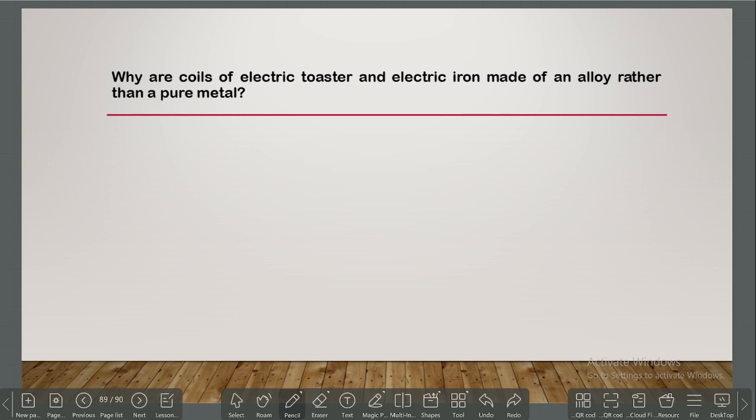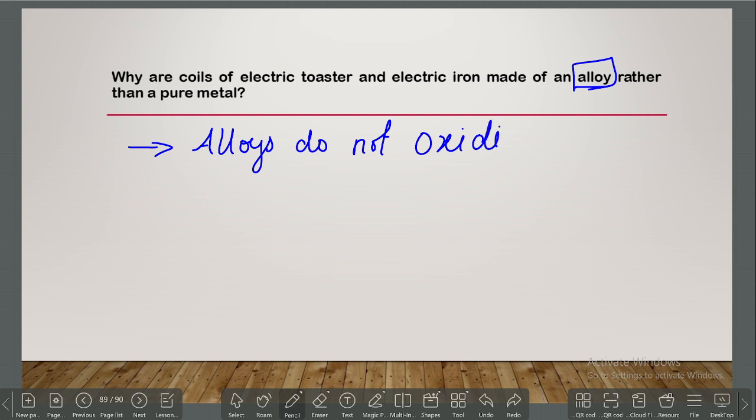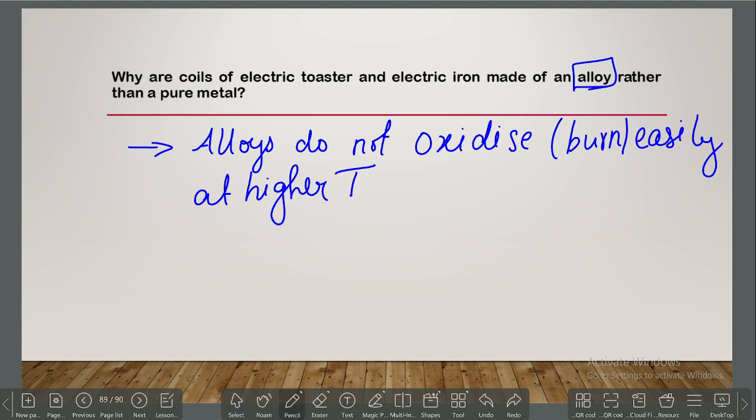Why are coils of electric toaster and electric iron made of an alloy rather than pure metal? I already said the reason. What is the reason? The first reason is that alloys do not oxidize. Oxidize in the sense that it is not going to burn easily at higher temperature.